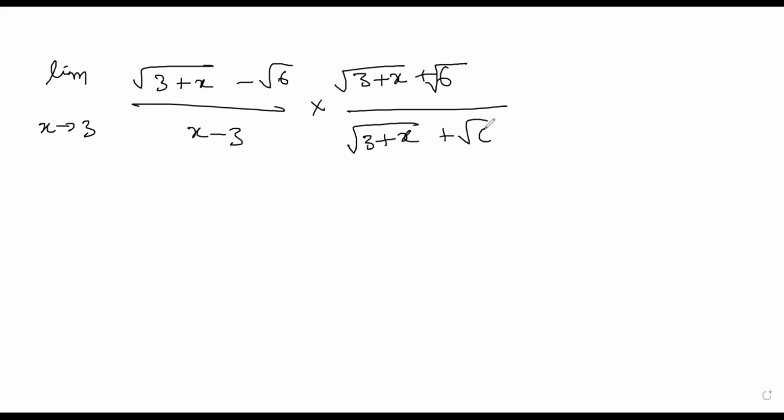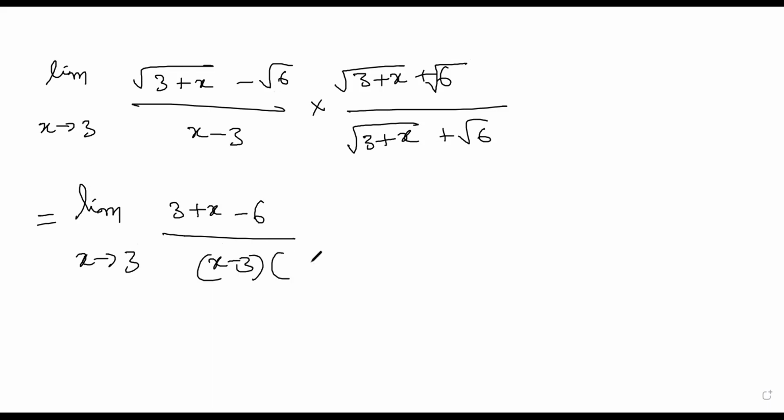And then it will be 3 plus x, limit x extends to 3, minus 6, divided by x minus 3 inside the bracket, root of 3 plus x plus root 6.